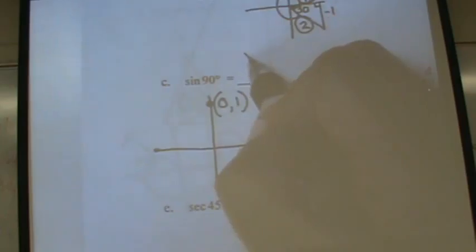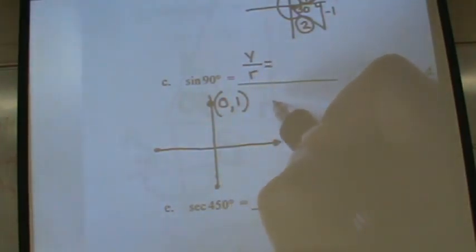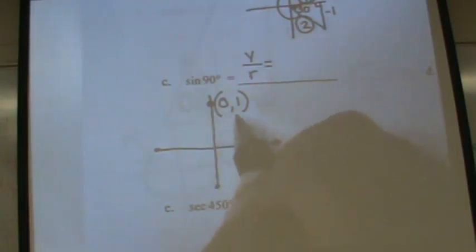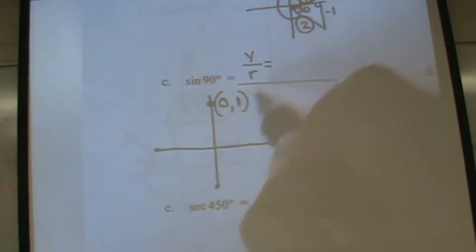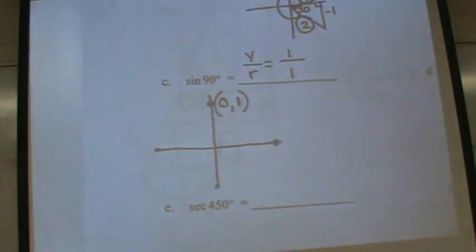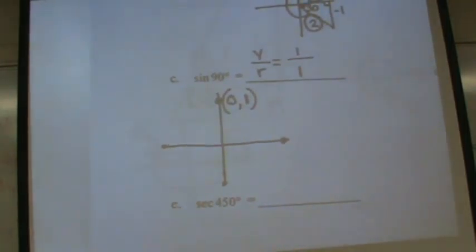Sine is the y value over the r value. Sine is y over r. Well, what is the y value here? It's 1, and I told you r is always 1. So the answer is 1 for this one.